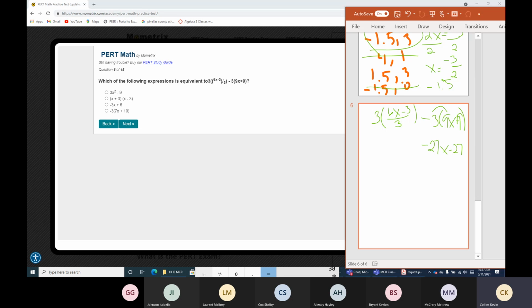Good. Now what can we do to the first guy here? Well, what can we do with those 3's? Yeah, the 3's cancel. That's a beautiful thing. Get rid of those guys. So now I've got 6x minus 3 minus 27x and then minus 27.